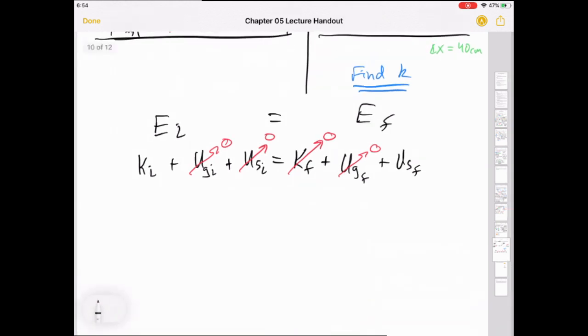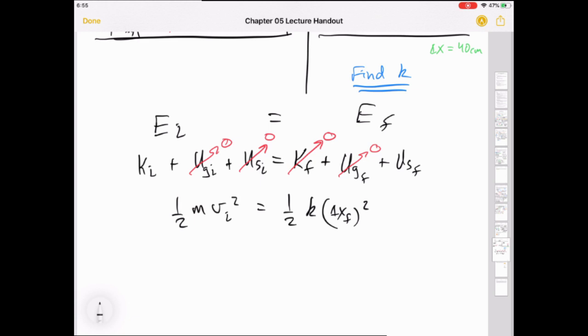That makes this nice and simple, right? So half m v initial squared equals half k delta x final squared. At this point I'm just plugging in. I can multiply both sides by 2 to make that half go away.